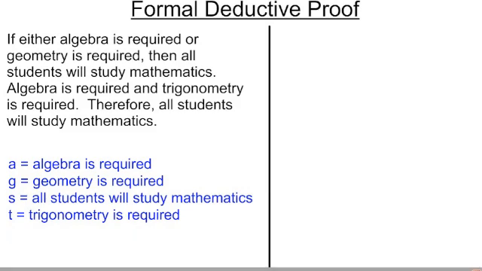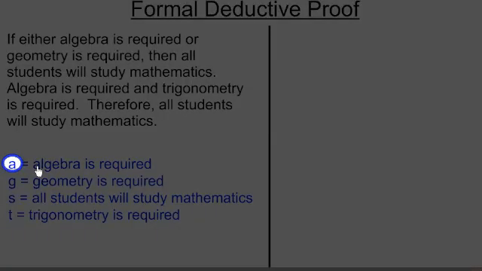Just as we did in our categorical syllogisms, we're going to use some variable names to represent our terms in our argument. So we'll start off with our first term, algebra. We'll represent it with the letter A. We'll use G for our second term, geometry. We'll use S for our third term, that all students will study mathematics.